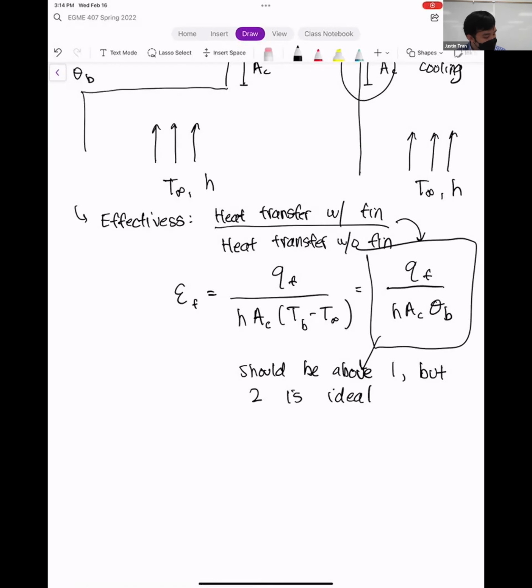And so this is how you can compute how effective your fin is going to be.